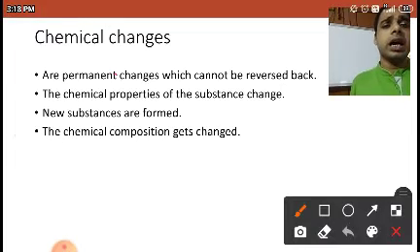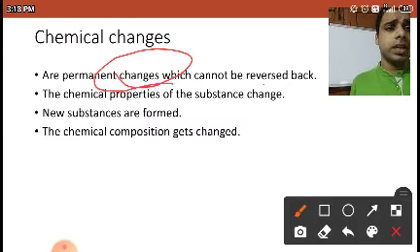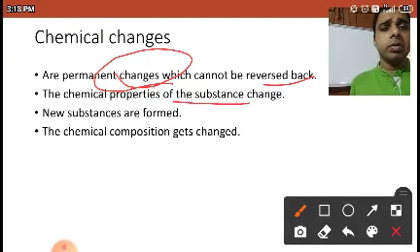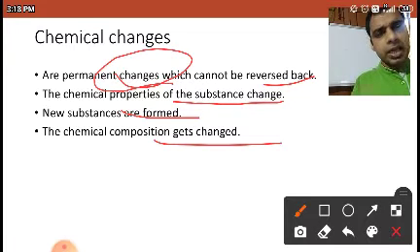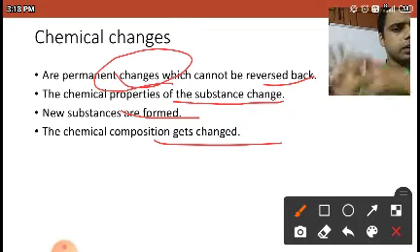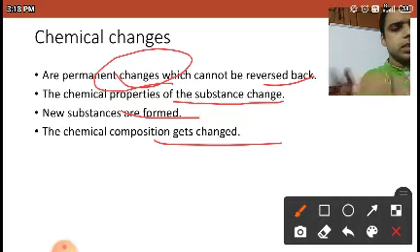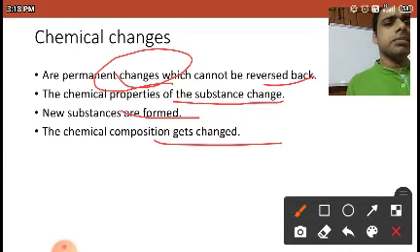You can make a table with three columns, parameters, physical changes and chemical changes, and differentiate easily.